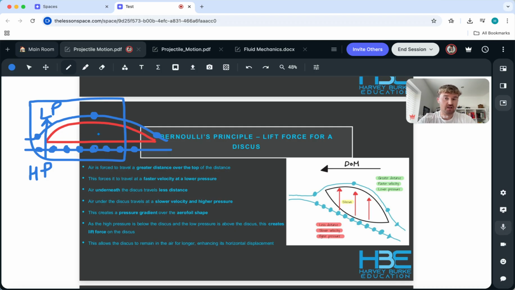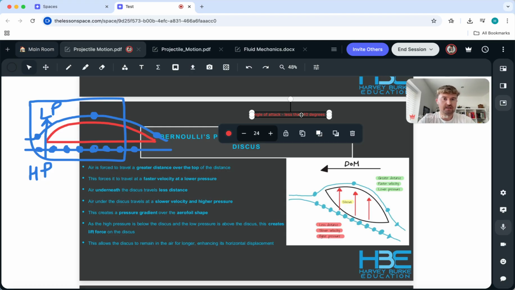And then the other thing is that in sport, most of the time, you don't have shapes that have a curved side and a flat side. So something like a discus has equal curvature on both sides. So to create the aerofoil shape in the first place, what they'd want you to mention is an angle of attack. So the angle of attack is less than 40 degrees.